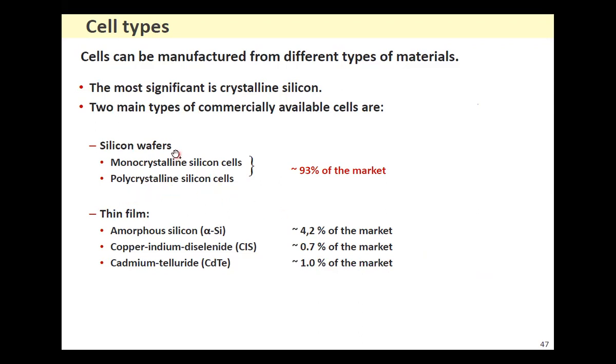or you have the polycrystalline silicon cells, which are used in the PV module. And then you may also be familiar with the thin film technology. You might have seen that the solar cells are now becoming transparent and they are installed on window glasses.